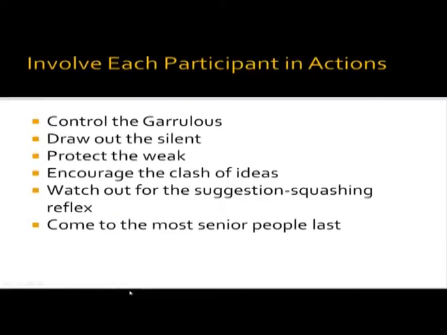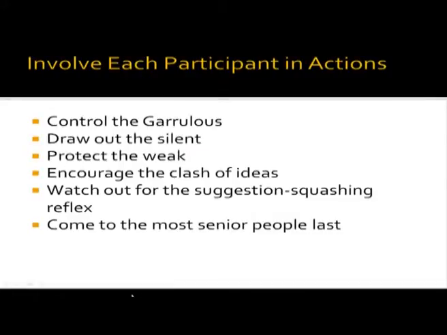Watch out for the suggestion squashing reflex. Now remember, real meetings are about ego, real meetings are about taking credit, real meetings are about showing your power. So, whenever somebody is coming out with a great idea, you will find the others have the reflex to squash the suggestion, because you feel, okay, this person is making a very good impression and is going to get away with all the credit.